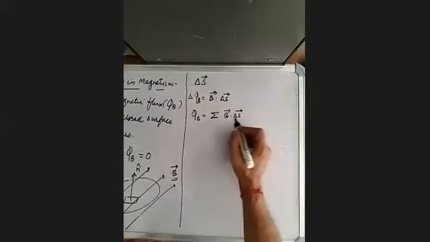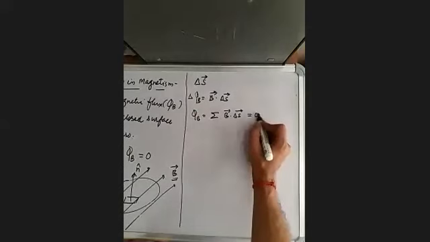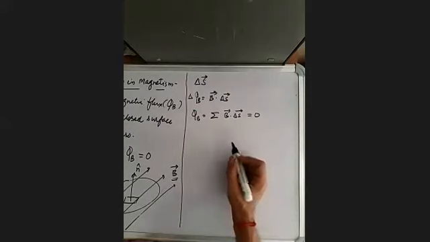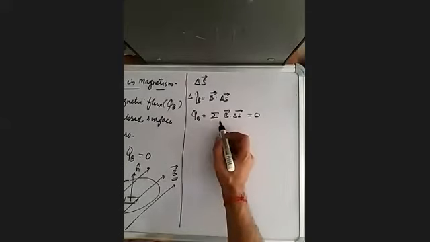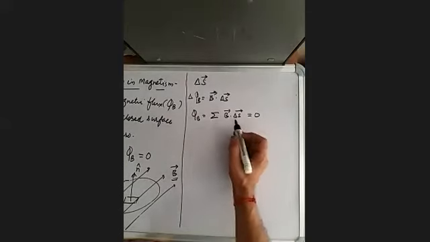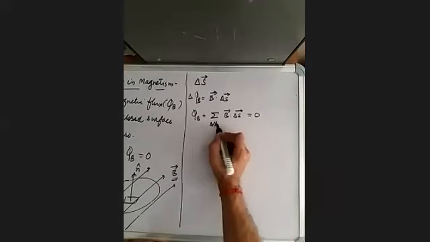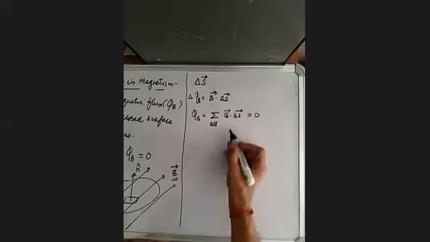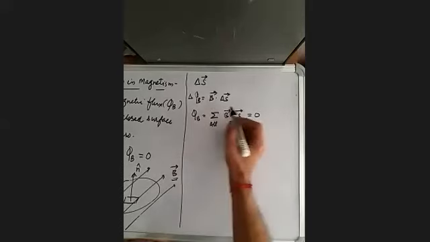And by definition, it is given by Gauss's law, that is equal to 0. So by definition, this flux, which is the summation of the small amounts of flux associated with all the area vectors, is equal to 0.